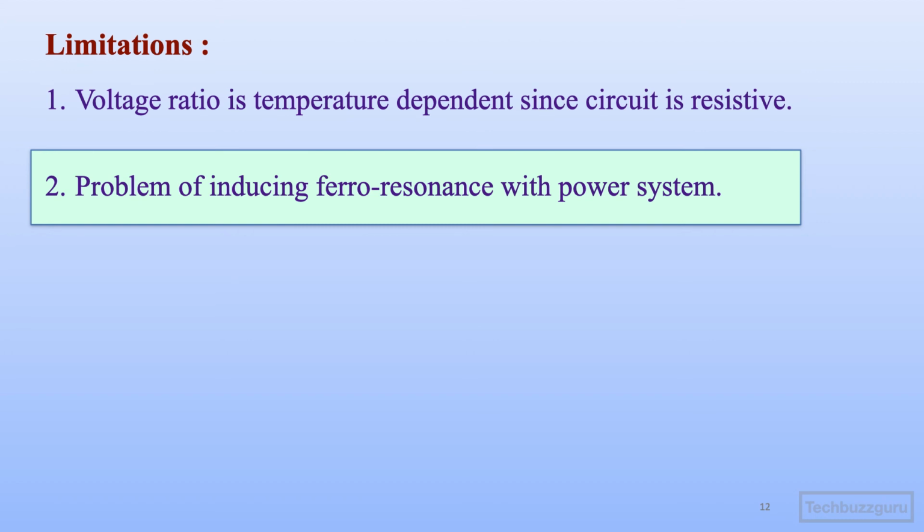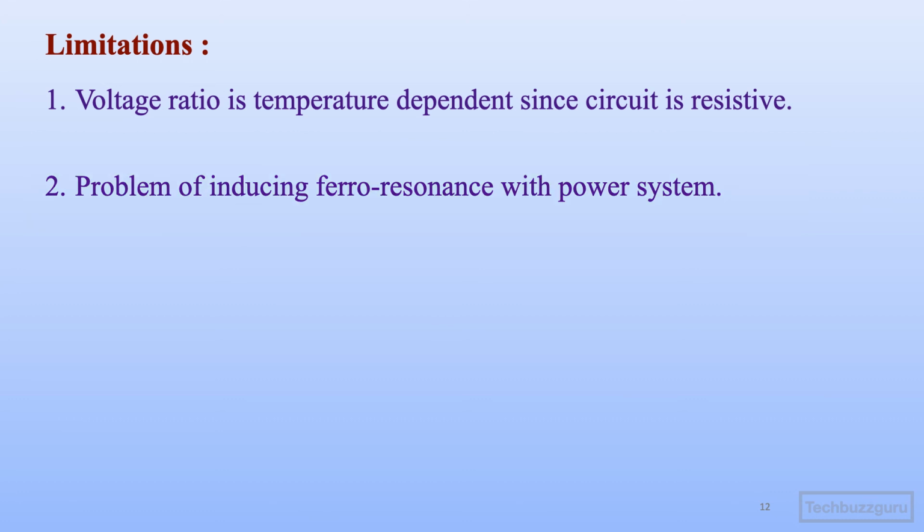And there may be a problem of ferro resonance, since we are working with the resonant condition. So circuit capacitance may form ferro resonance with the elements of the power system at power frequency. So these are to be checked before this method is actually used and implemented for the measurement of high AC voltages in a given scenario.